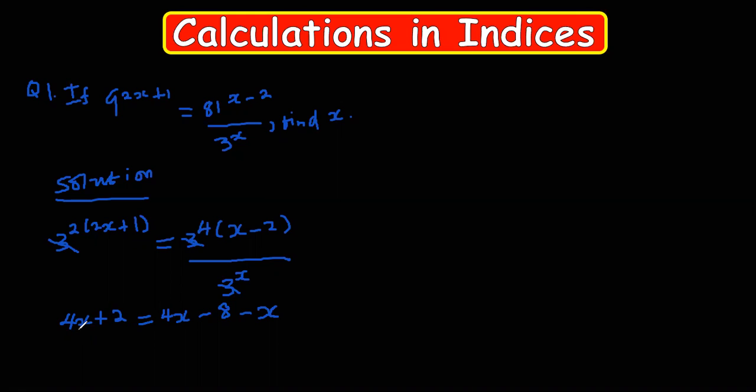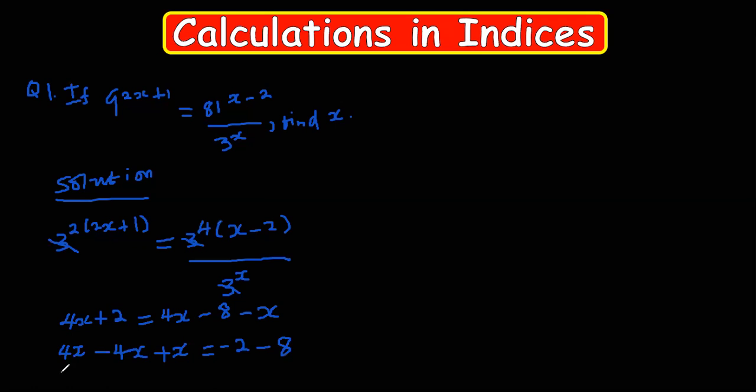Let's collect the like terms. So here we have 4x minus 4x, and then we have minus x here, so this is going to be plus x. So plus 1x equals minus 2 minus 8.